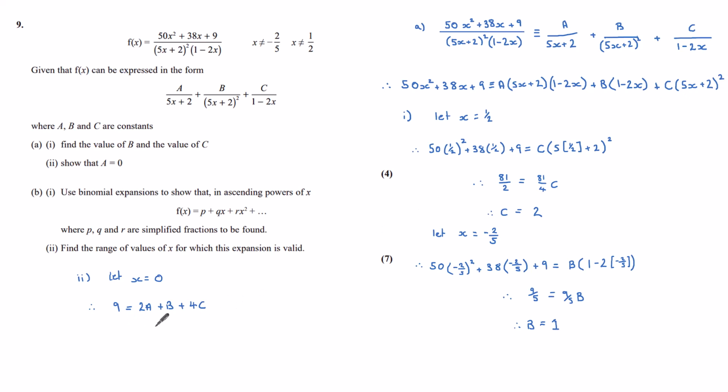So 9 is equal to 2a plus b plus 4c. We know b and c to be 1 and 2. This gives us 9 is equal to 2a plus 1 plus 8. Well, that's 9. That's 9. Therefore a must be equal to 0.